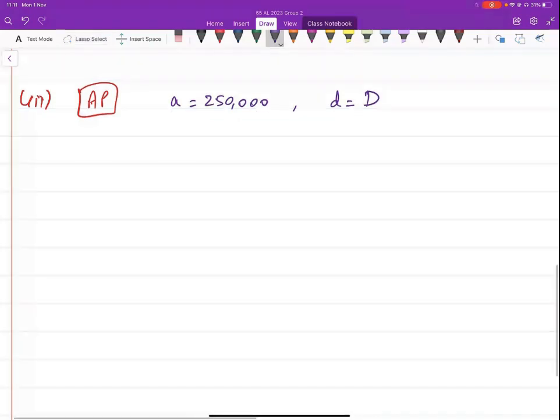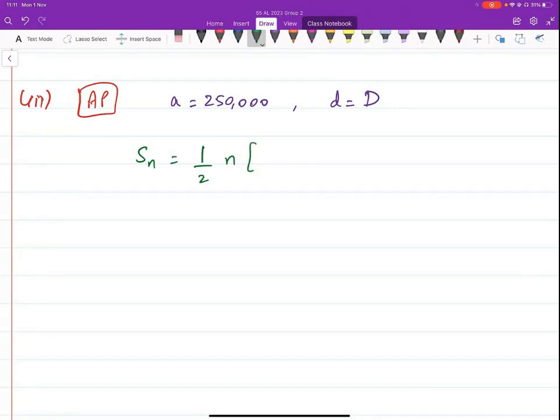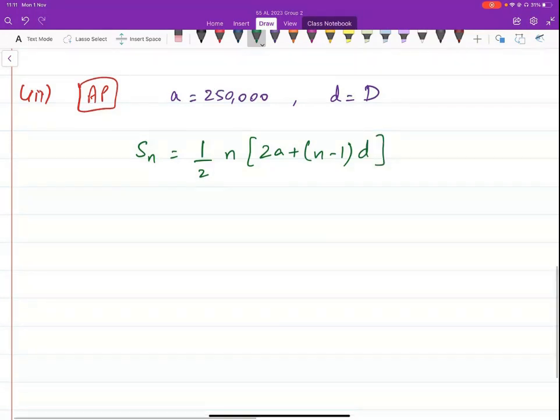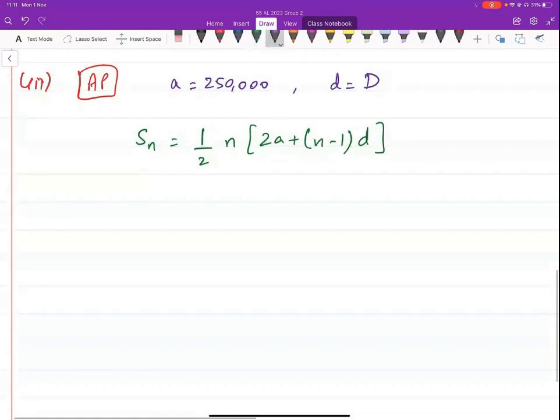Now, how do you find the sum of an AP? We have the formula for that. That looks like this. Sn equals half n into 2a plus n minus 1 times the difference. That's the sum formula for an AP. We just input values there. What are we looking for? We're looking for the sum to the 10 terms.